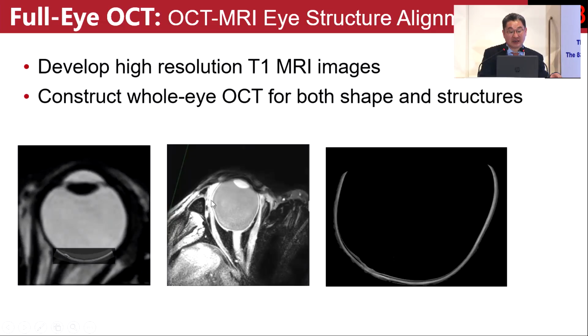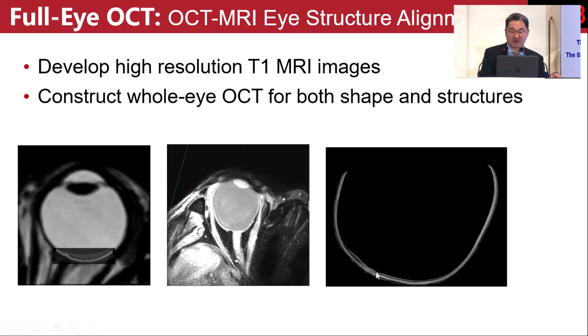You can see the T1 image of the highly myopic eye; the resolution is much higher than ever before. So the idea is how can we combine the ultra wide OCT images, using the MRI scan as ground truth to train the model, and develop a whole eye OCT like this. You can see the schisis and the ocular shape.